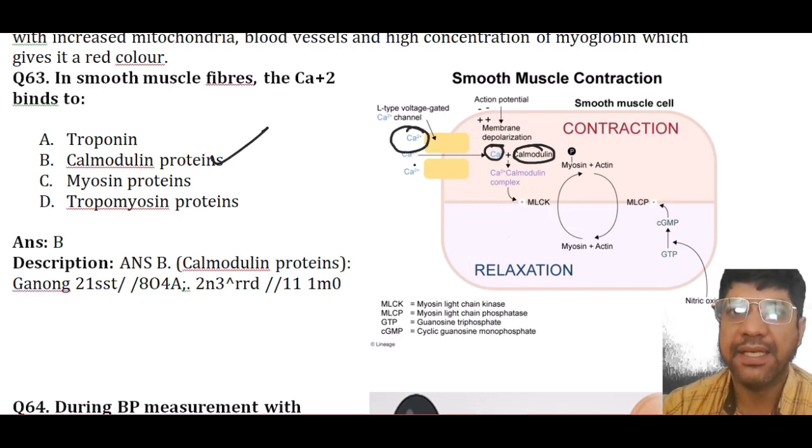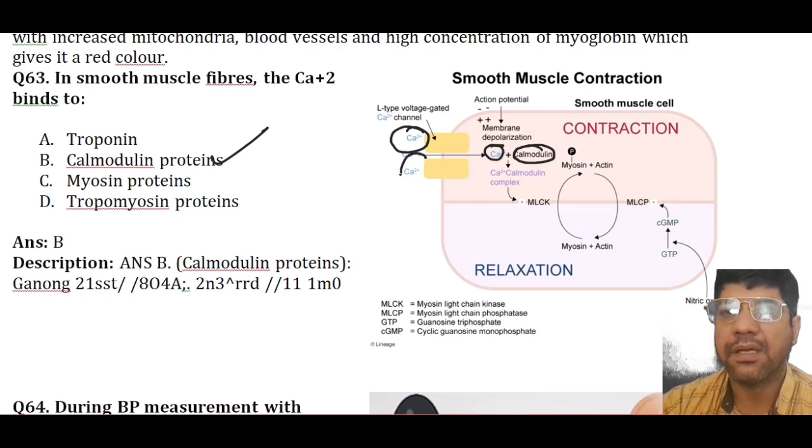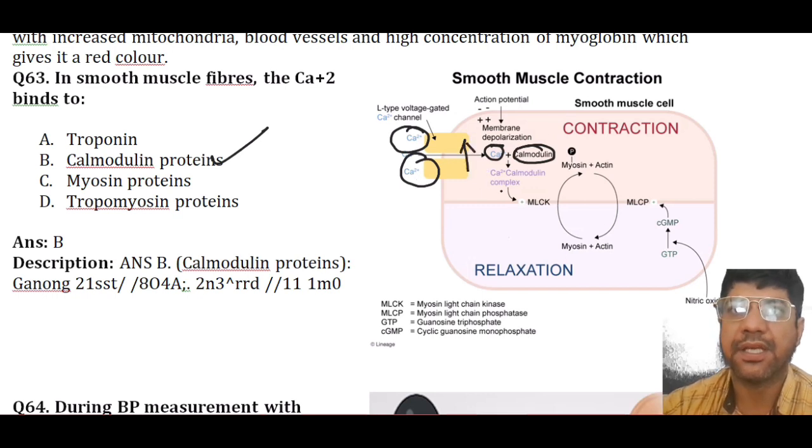There is an increase in intracellular calcium level that can be triggered by various signals including transmitters, hormones or a change in the membrane potential. When the intracellular calcium concentration rises, the calcium ions will bind to a protein known as calmodulin.